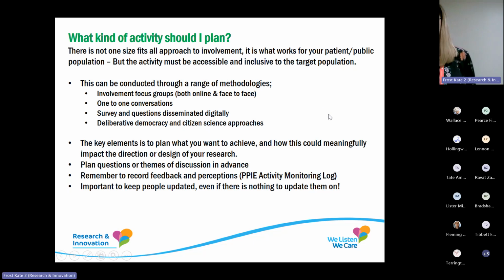So I think as I've already mentioned, it is important to remember to record the feedback and perceptions. I've referenced here a PPIE activity monitoring log. So that's recording what you've done, why you've done it, how you did it, what came out of that, and then what's going to change. So how has it impacted?